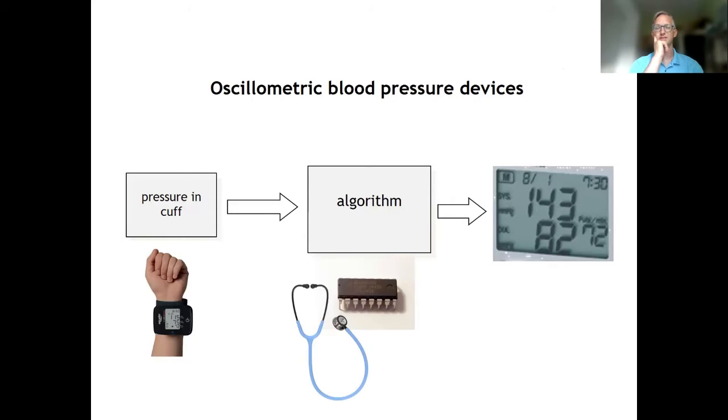And then it uses a special, usually proprietary algorithm, a mathematical function, which calculates the resulting systolic and diastolic values of blood pressure, like 143 over 82 in this picture. And the whole problem is this algorithm in the middle.